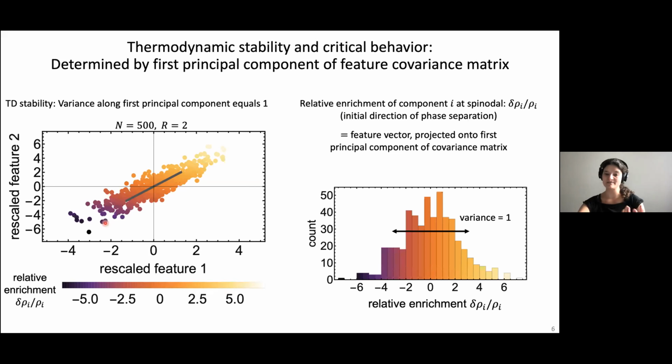And in terms of this relative enrichment, we can reformulate the criterion for thermodynamic stability by saying that the system is marginally stable if the variance of this distribution of relative enrichments is exactly equal to 1.